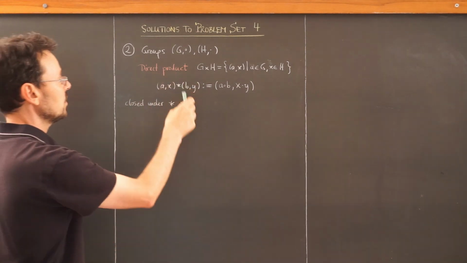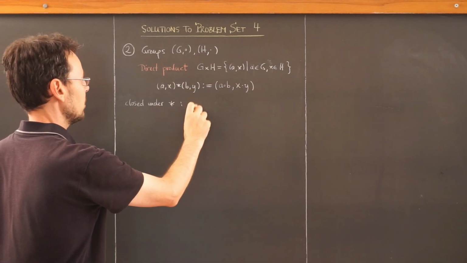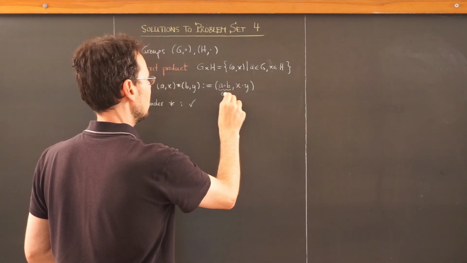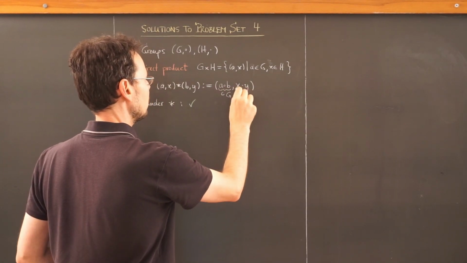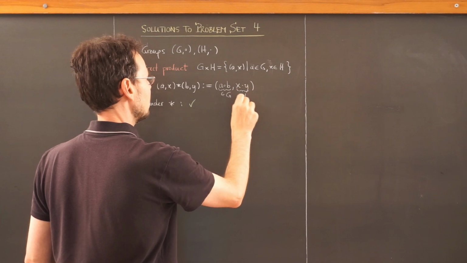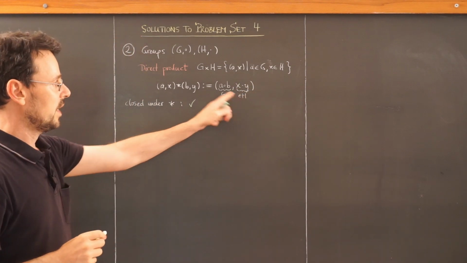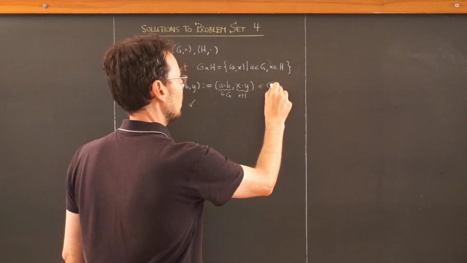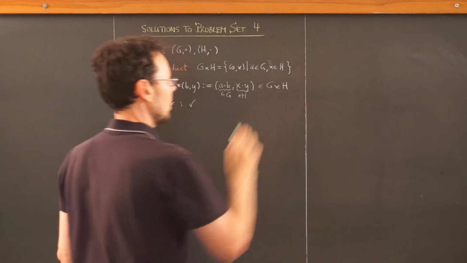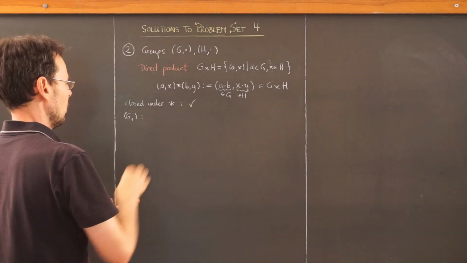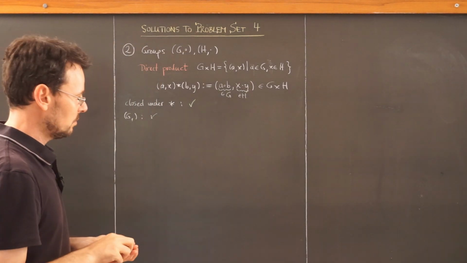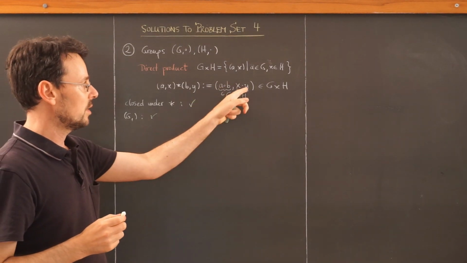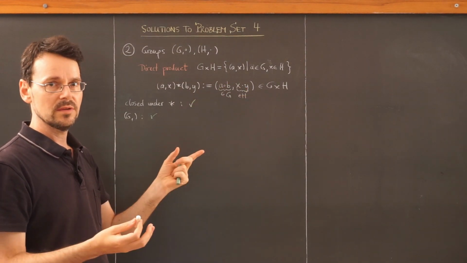So is this new set closed under this operation? Yes. Why? Because this is obviously an element of G, because G is closed. And this is an element of H, so again, this here belongs to G times H. That's it. Associativity, here it's really okay to be lazy, because in each component the operation is associative.